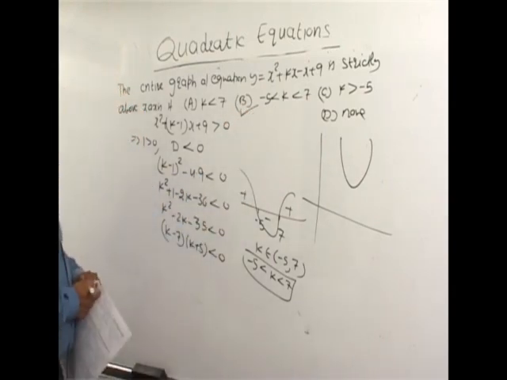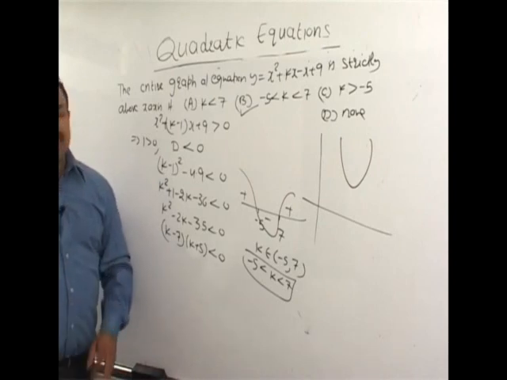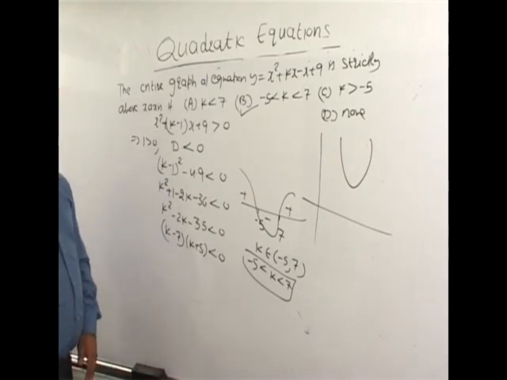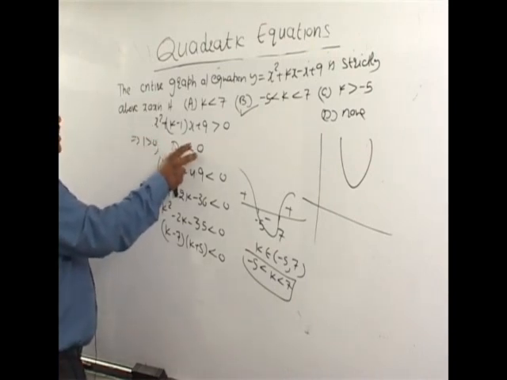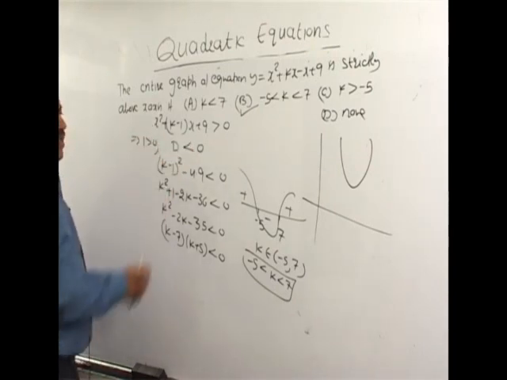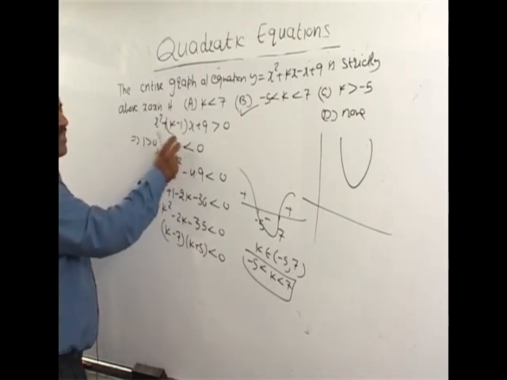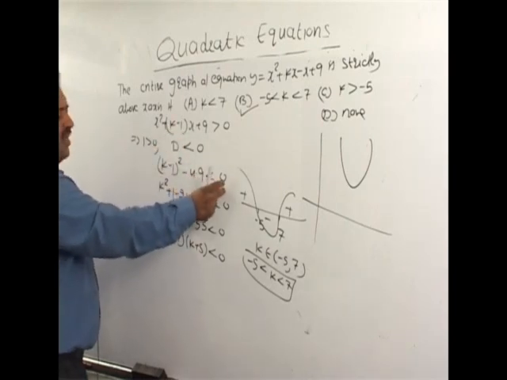Once again I am repeating it. This entire graph is strictly above the x-axis, which means the coefficient of x square is positive and the discriminant D is less than 0. We find D, that is b square minus 4ac less than 0.